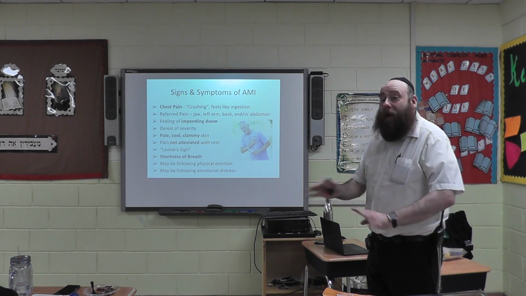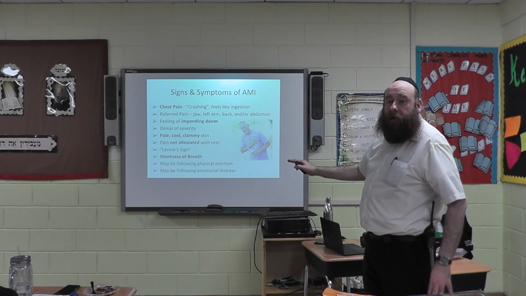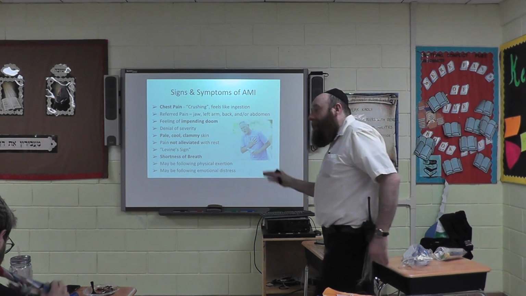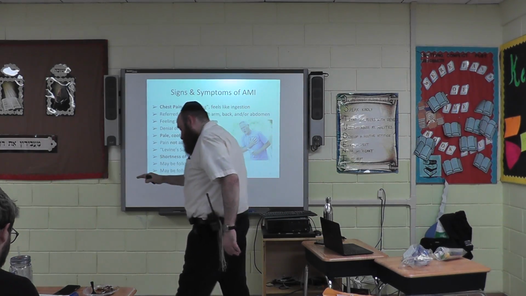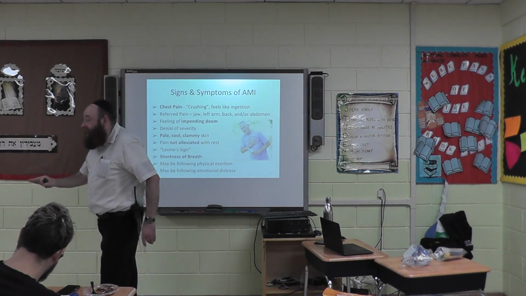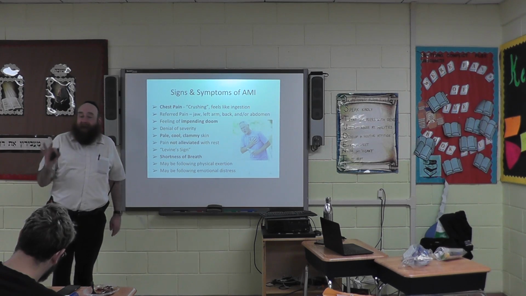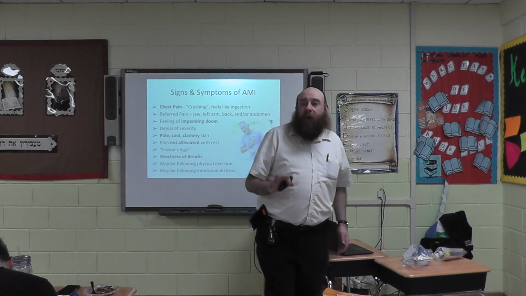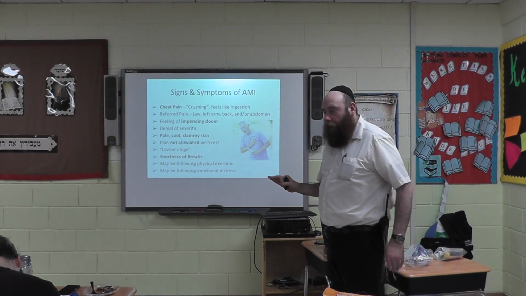Any regular person can have just one of these or multiple, but there are 3 groups that have been noted, very commonly, who will not have any of the typical signs and symptoms. I want to make sure you know who these 3 are.